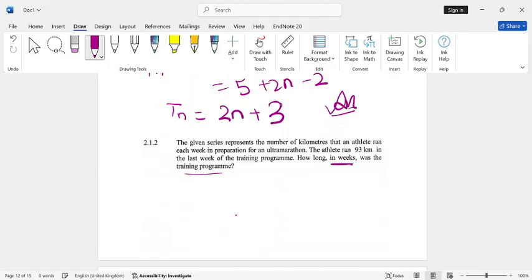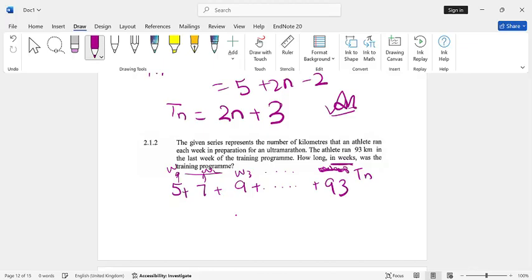As you can see, we have a series 7 plus 9 plus up to 93. If we say this is week 1, this is week 2, this is week 3, and so on, this is the week of 93. We can say this is Tn.